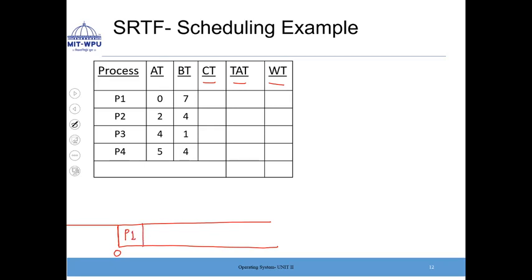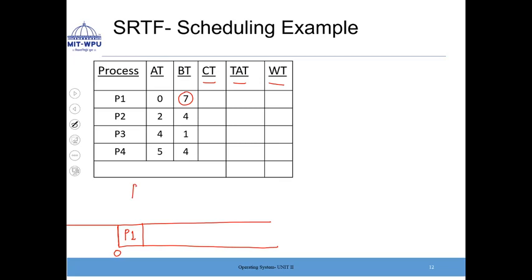Now here P1 is taking a longer time. If you observe here, P1 is going to take 7 CPU burst time, whereas P2 is smaller than P1, P3 is even smaller than P1, and P4 is also smaller. But P1 is taking a longer time initially, so as per our strategy, we are going to preempt the process, and then give a chance to the other smaller processes.